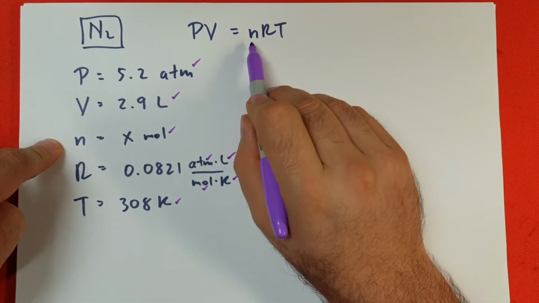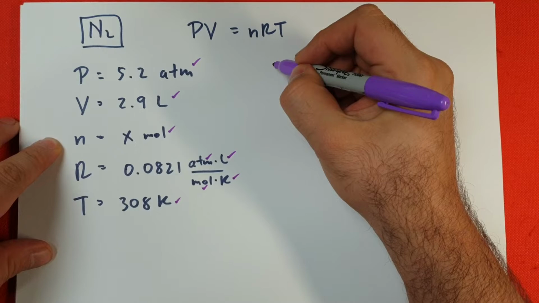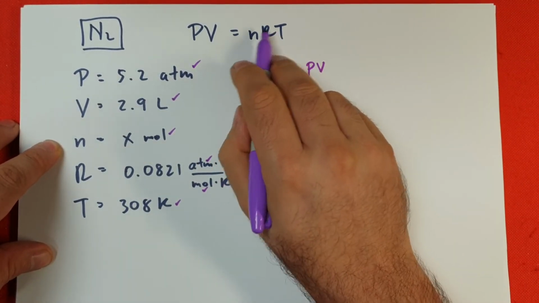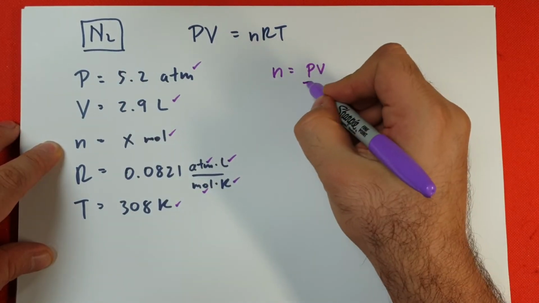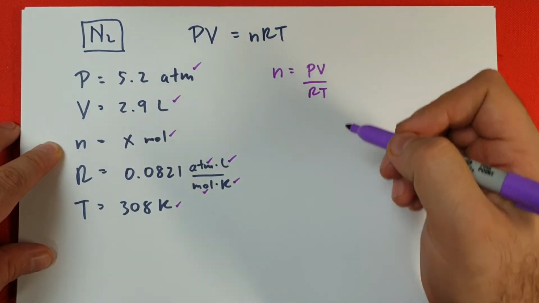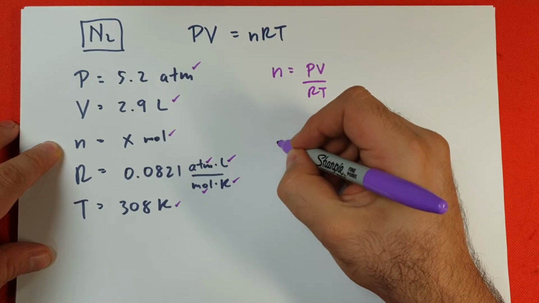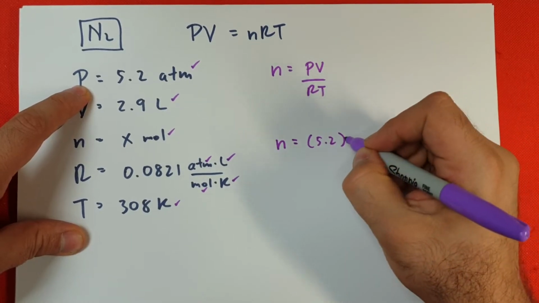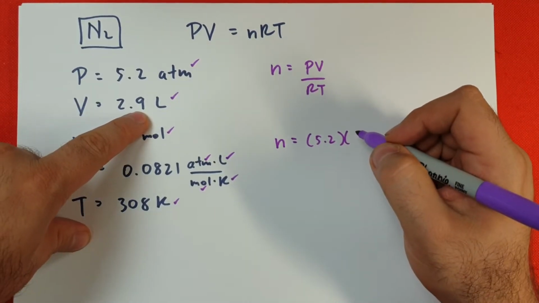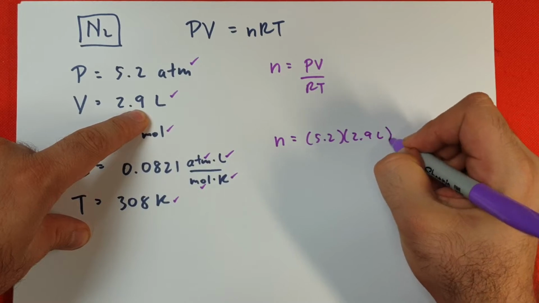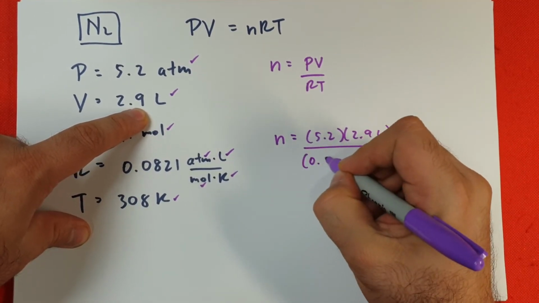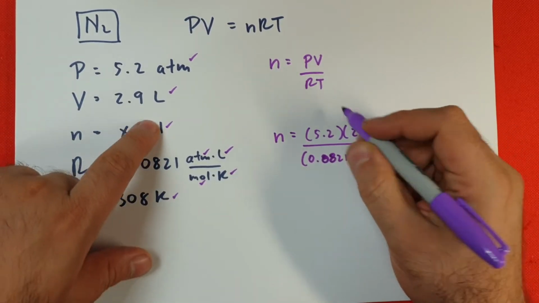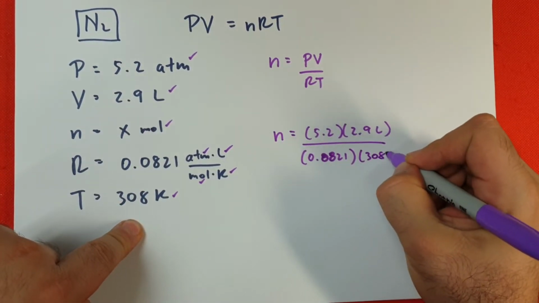And from the algebra, we know that n is going to be equal to PV, but we're going to take R and T and pass them to the other side, dividing by R and T. We can just plug in our numbers right here, and the number of moles is going to be equal to pressure, 5.2, and the volume is 2.9 liters, over R, 0.0821, and the temperature is 308 Kelvin.